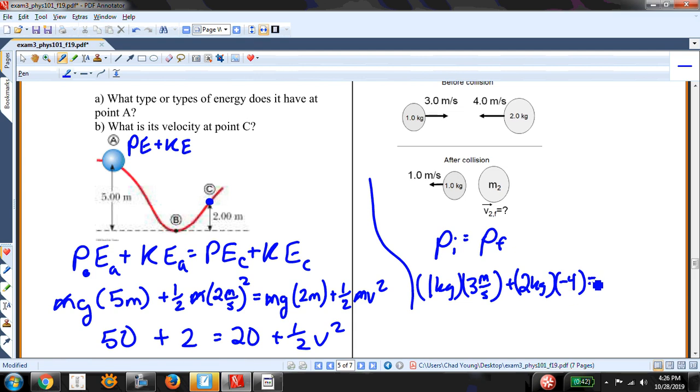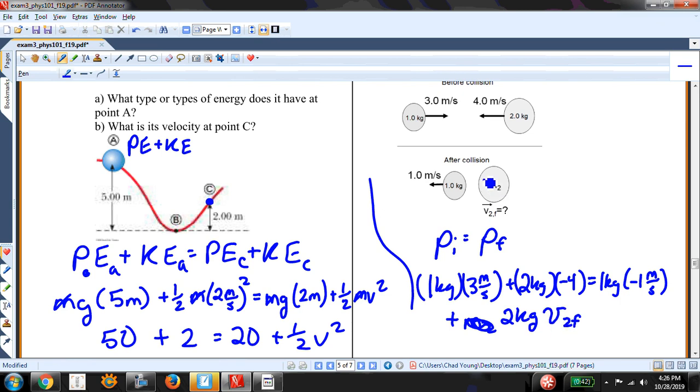And then that's equal to 1 kilogram times negative 1 meter per second plus M2 times, or let's see, I know M2 actually, 2 kilograms times V2F.